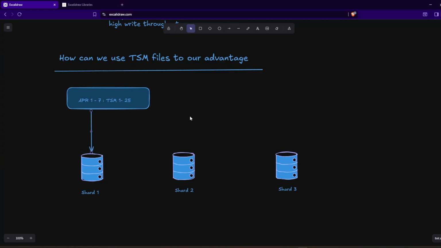Similarly from April 8 to April 15, so again 7 days of data, which will be probably from TSM 26 to something like 58.